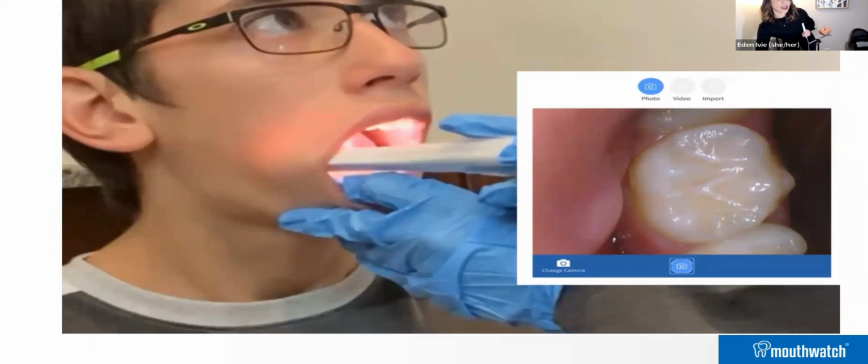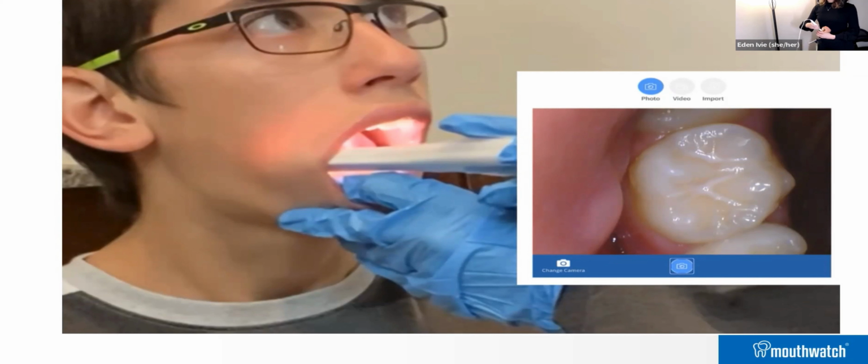This is a great tip that will help you, again, with smaller children or people with limited opening. Now, with this camera, she's dropped it down into the buccal vestibule to take that occlusal image. So what that looks like, I'm going to come in.